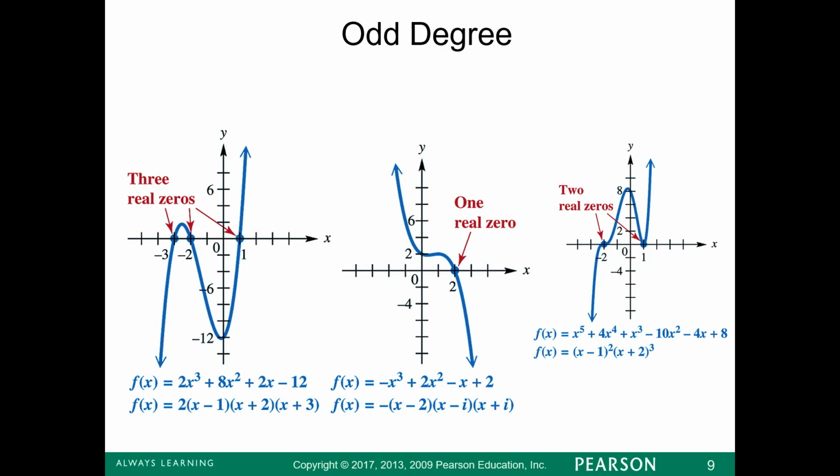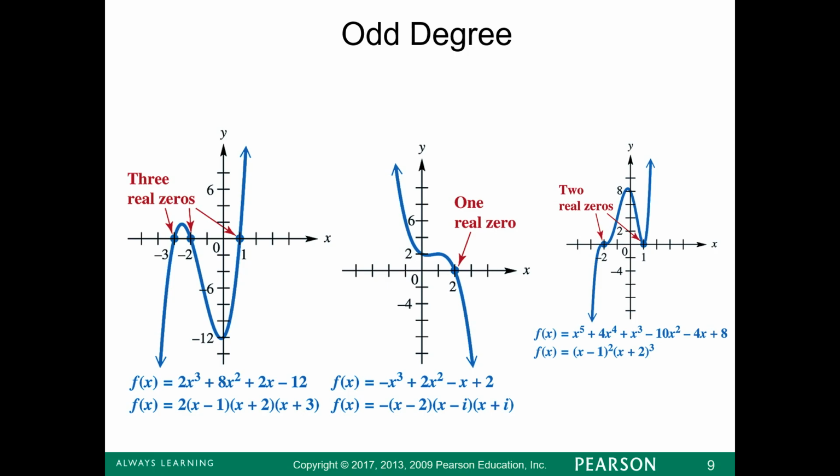Look at the point of intersection of the graph and the x-axis. The x values of the points of intersection of the graph with the x-axis are the what? Zeros. So if you look here, negative 3 is a zero, negative 2 is a zero, and positive 1 is a zero. So this is for the first graph, okay?